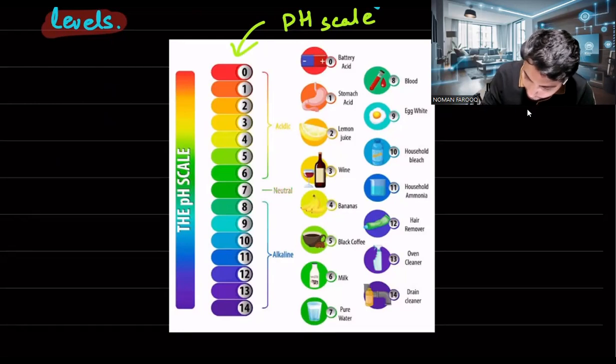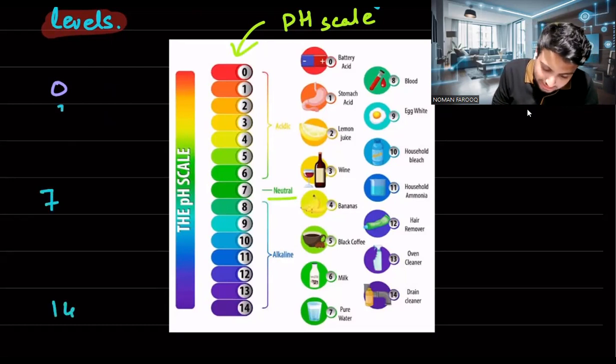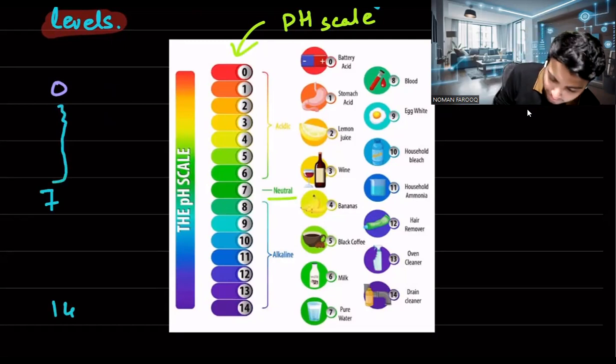So from 0 till 7, if it shows a value from 0 till 7, it means the solution is acidic.